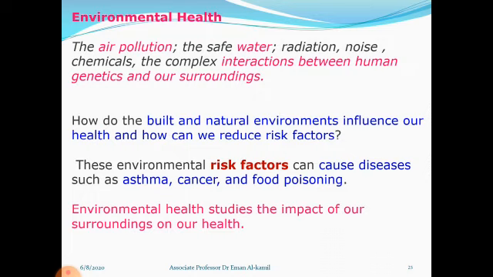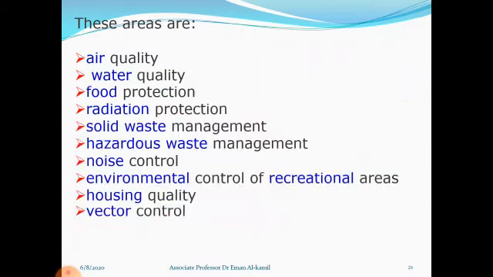So it is important to study the environment, and how we can improve the environment of the people, in order to detect the risk factors which cause diseases, and how we can prevent them and improve the health of the population. So environmental health studies the impact of our surroundings on health.